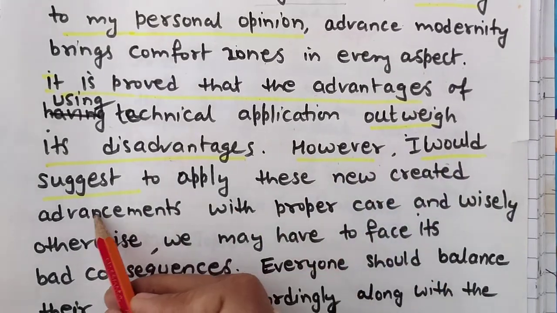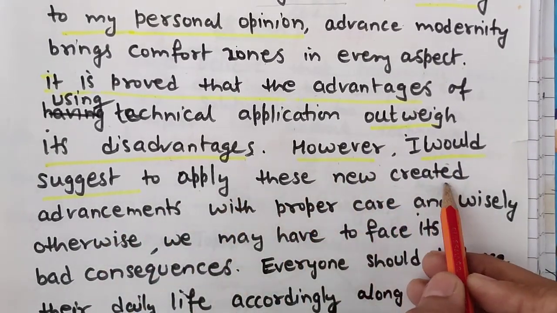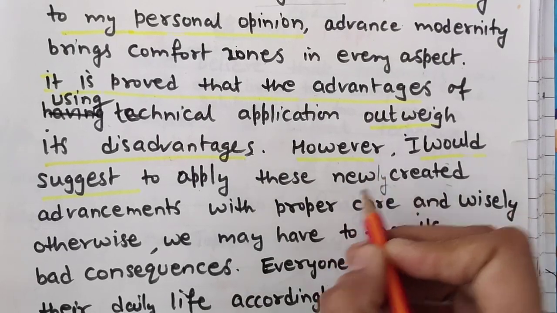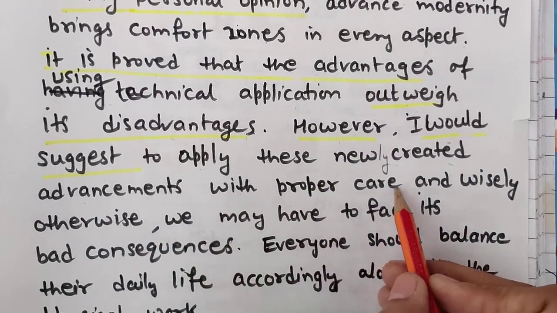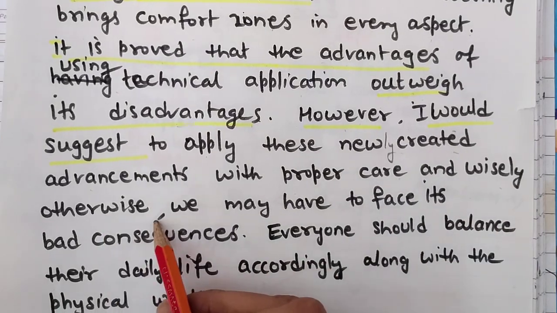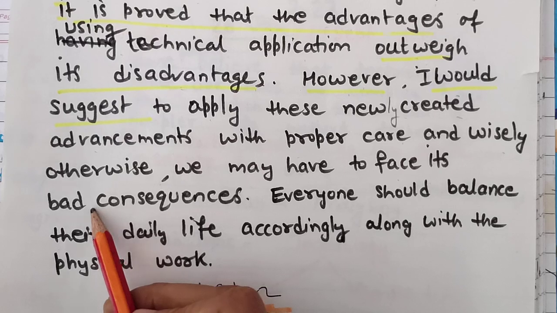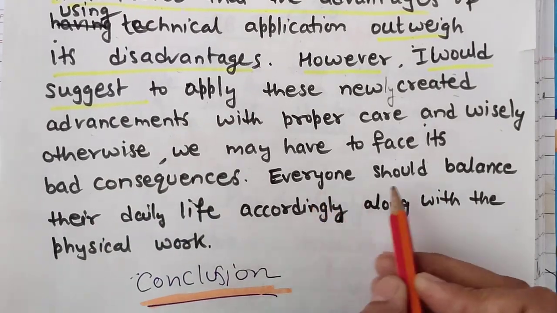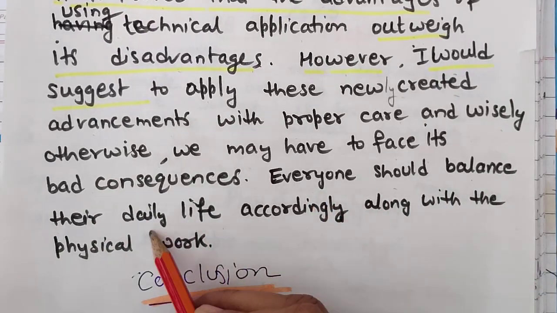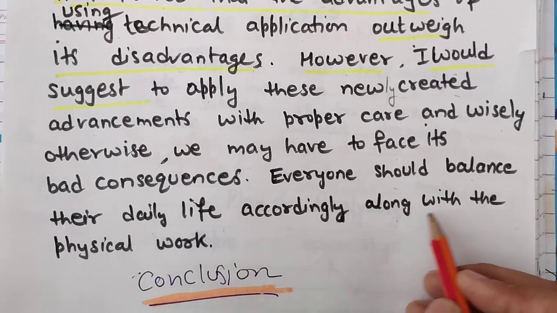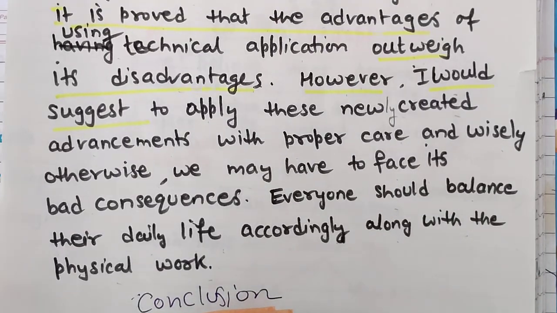However, I would suggest to apply these newly created advancement with proper care and wisely, otherwise we may have to face its bad consequences, okay, or detrimental consequences. Everyone should balance their daily life accordingly with the physical work. This is conclusion.